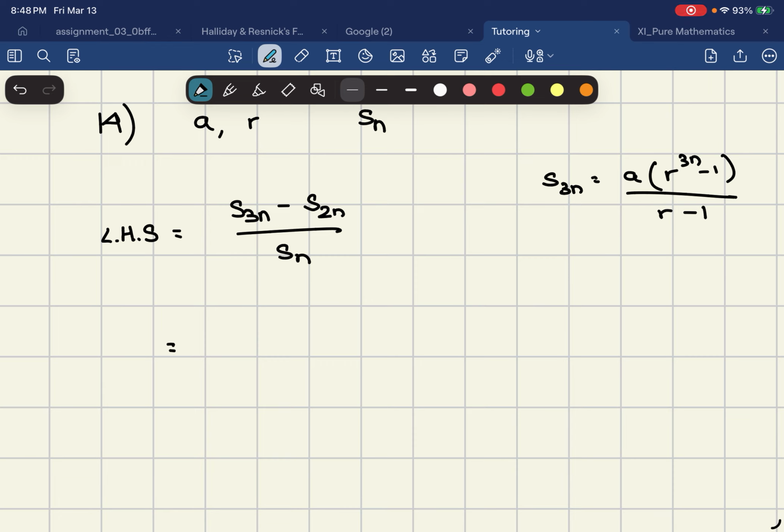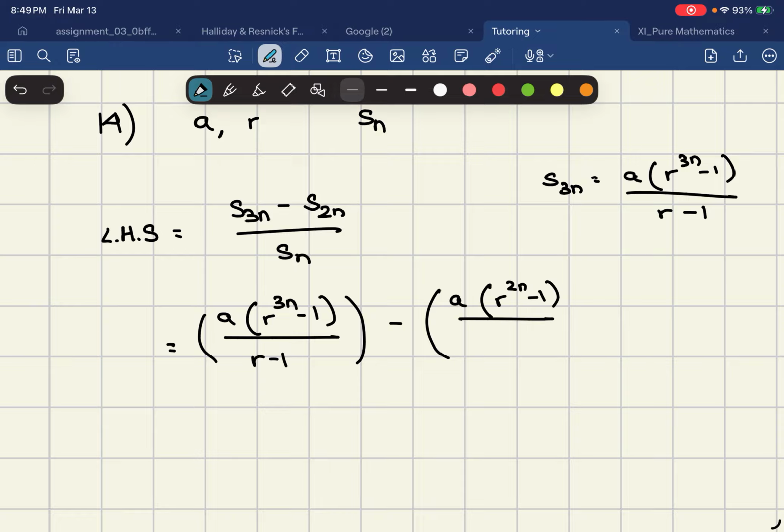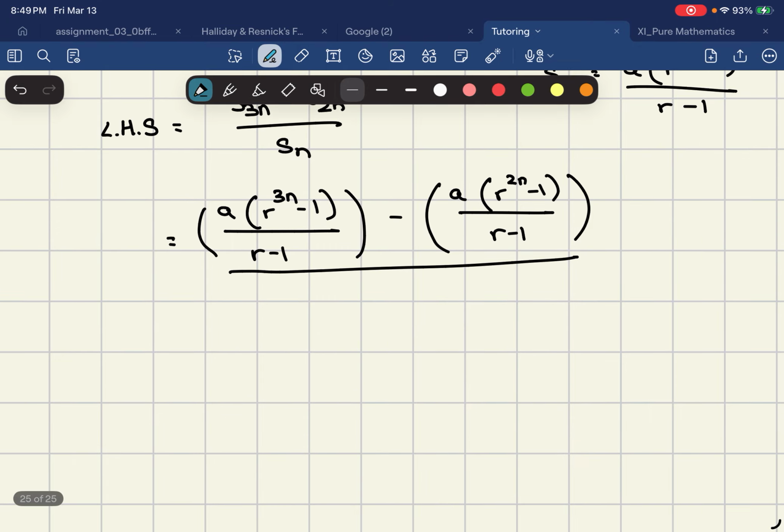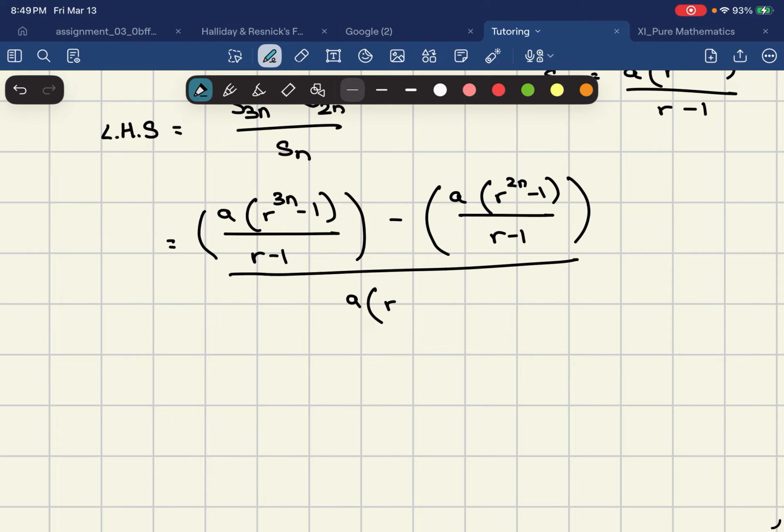So let's substitute this. We have a times r to the power 3n minus 1 divided by r minus 1. That is S3n. Similarly, we can do it for S2n: r to the power 2n minus 1 divided by r minus 1. And Sn is again a times r to the power n minus 1 divided by r minus 1.